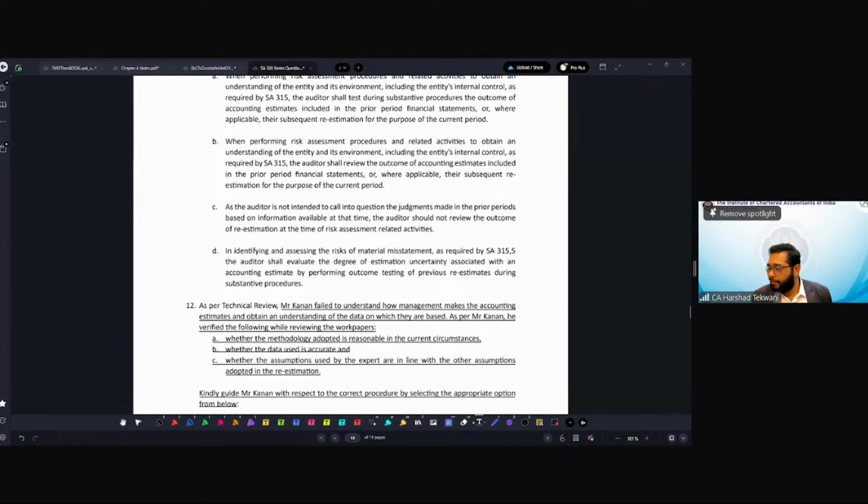Any further doubts? Any doubt, guys? Okay. If no doubts, then there are multiple questions that we will also solve in the next session, because once we complete SA 330, once we understand the evaluation and the response to the assessed risk process, we will be better equipped to answer more detailed questions.